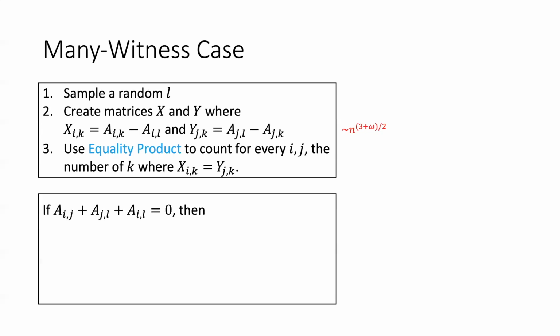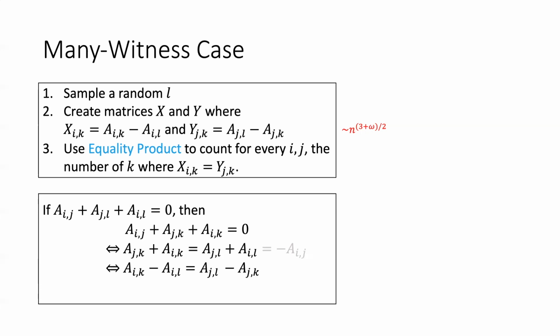So now let's see why it's useful. If l forms an exact triangle with an edge ij, then what can we say about which k form an exact triangle with ij? So first, by observing that A_jk plus A_ik and A_jl plus A_il both equal negative A_ij, we see that both of them are equal.